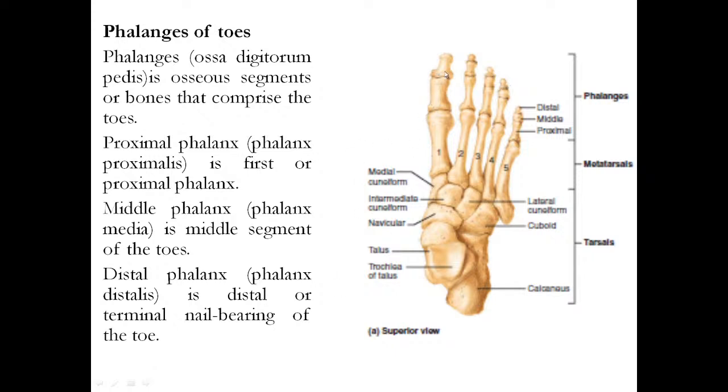The first toe has only two bones. The second, third, fourth and fifth have three segments. The first forms only two segments, proximal and distal; the others have proximal, middle, and distal.